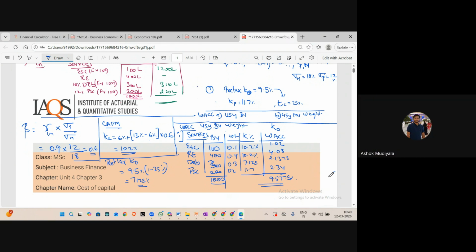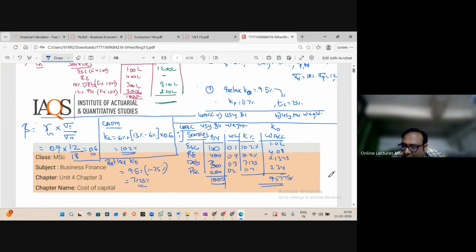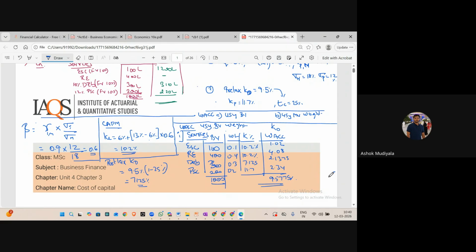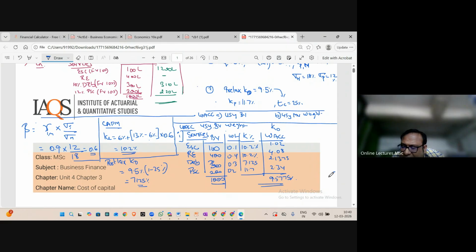We now need to find WACC using market value weight. This is in percentage, right? Yes, 9.5775 is a percentage.